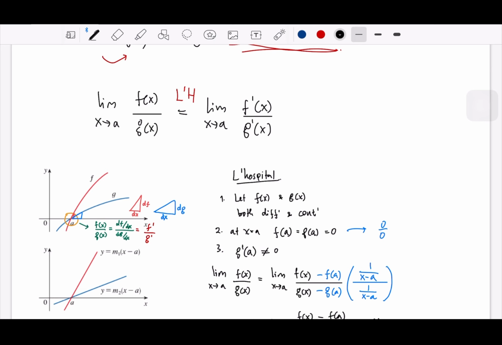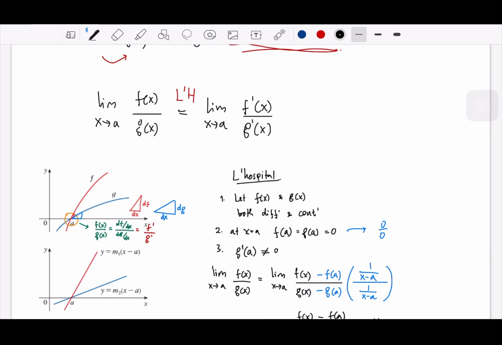So we can take that as a proportion. If we compare f with g, it's actually comparing the derivatives of f and g from the picture.